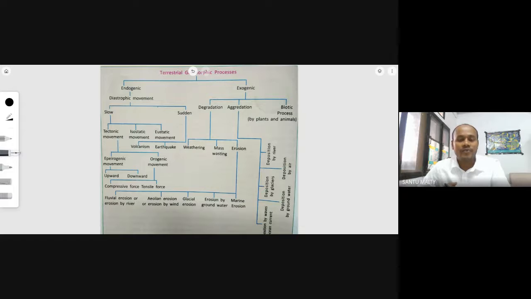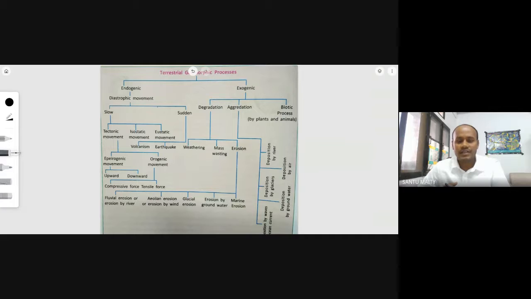The word came from geomorphology, and geomorphic means earth process, those processes which are operating behind the formation of each and every landform, starting from the mountain to the plateau, then plain, then some oceanic landform, then some landform formed at the bottom of the oceans. Each and every kind of landform is backed by or driven by a certain kind of process.